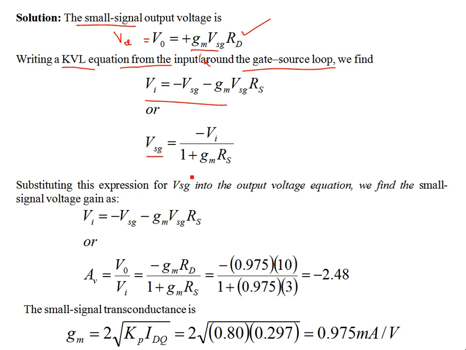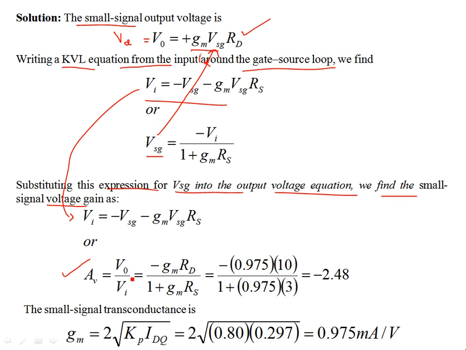So that means if you substitute this expression for VSG into the output voltage equation, you find the small signal voltage gain. It's the same expression, and you know that the output is GM VSG, so just plug this in.